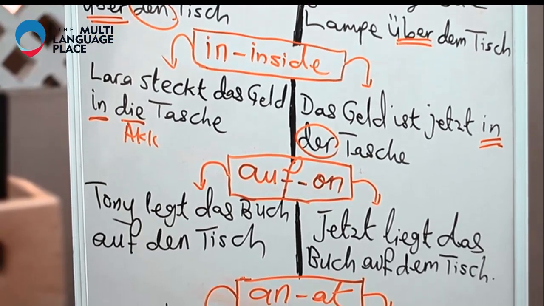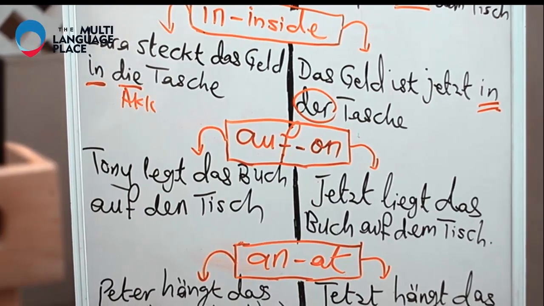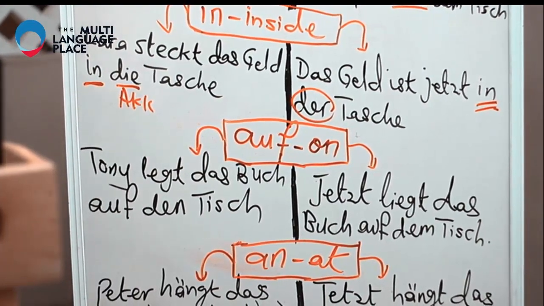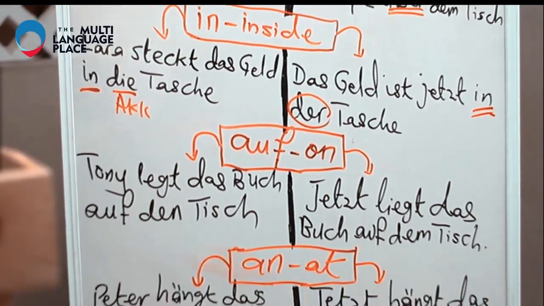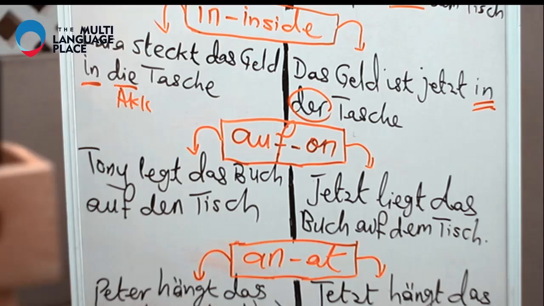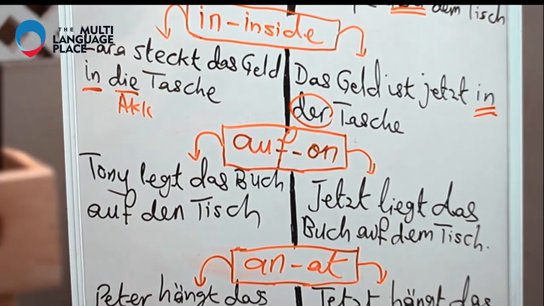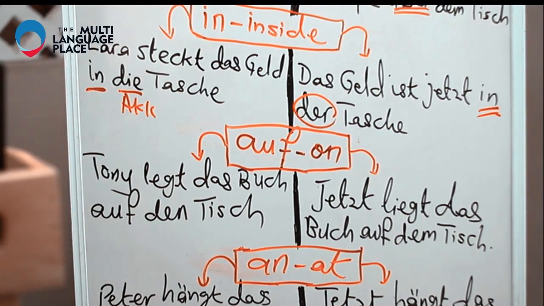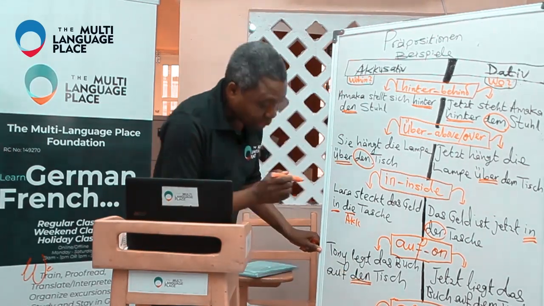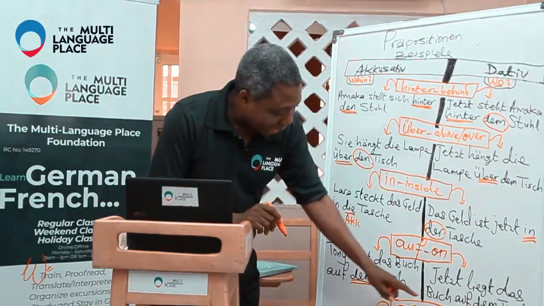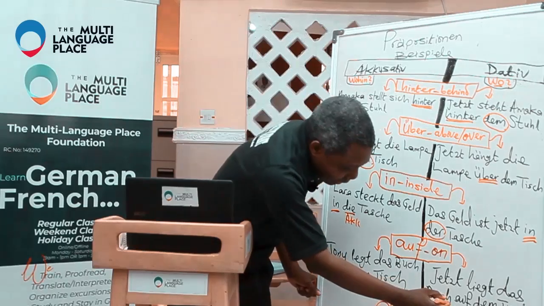Tony legt das Buch auf den Tisch. Tony places the book on the table. Tony is in the process of putting the book on the table. That's why auf takes accusative. But let's look at this one where the same auf takes dative.